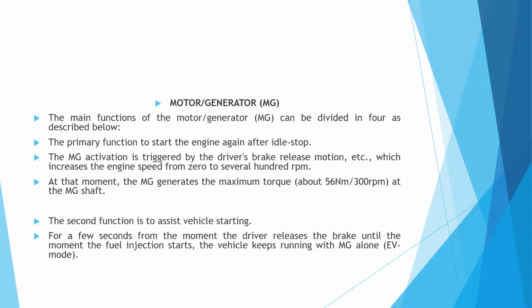The main function of the motor or generator can be divided into four functions, as described below. The first, or primary, function is to start the engine again after the idle stop.